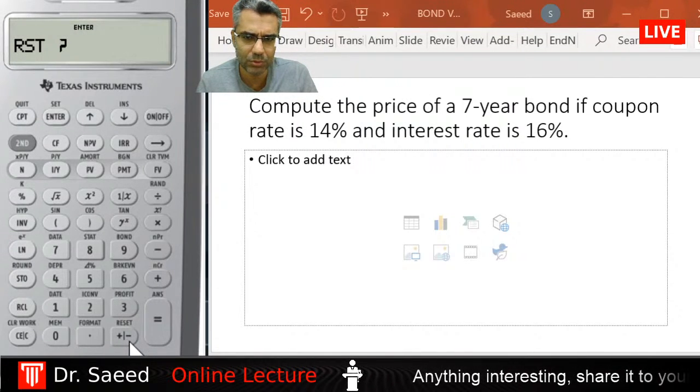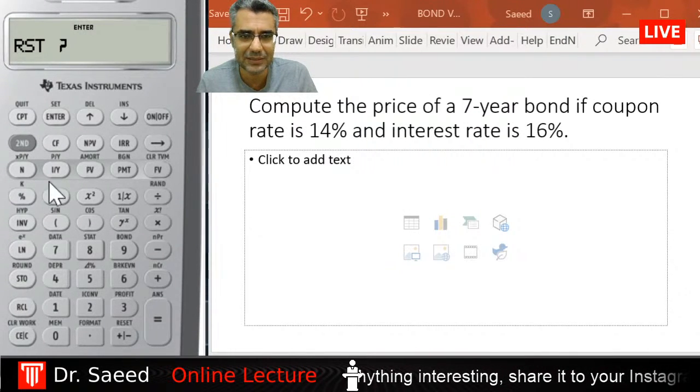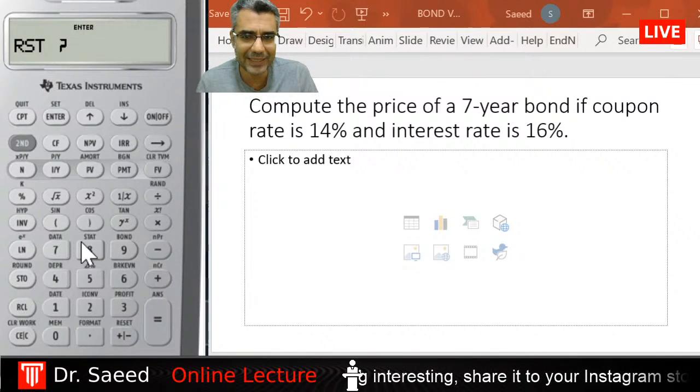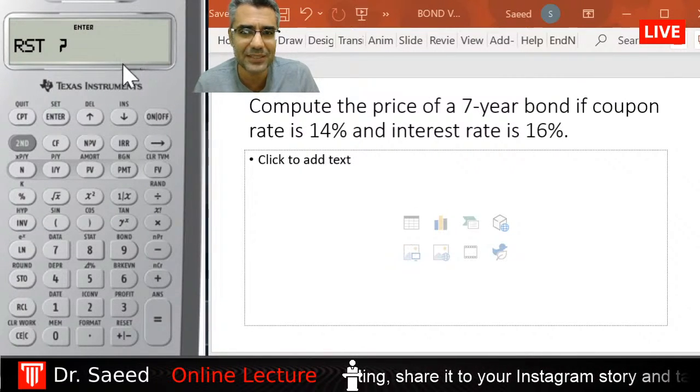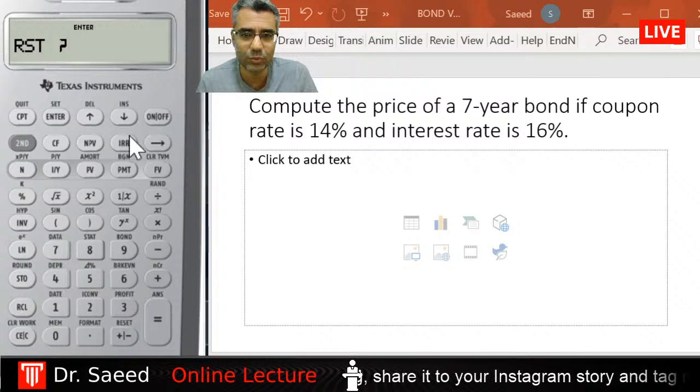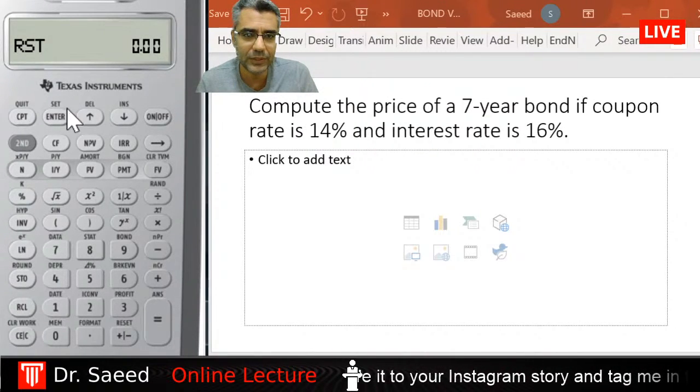Anyway, so press the reset button. First second, then plus minus. Then you see on the screen of the calculator, it's asking, do you want to reset? If yes, press enter. Where is enter? Here.